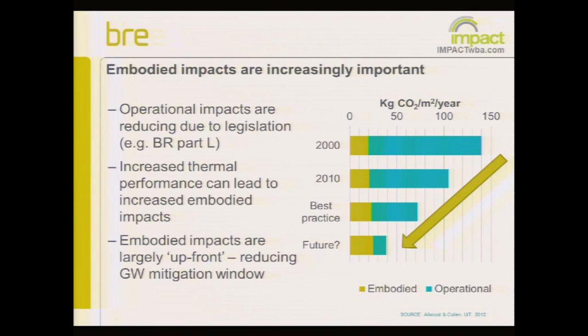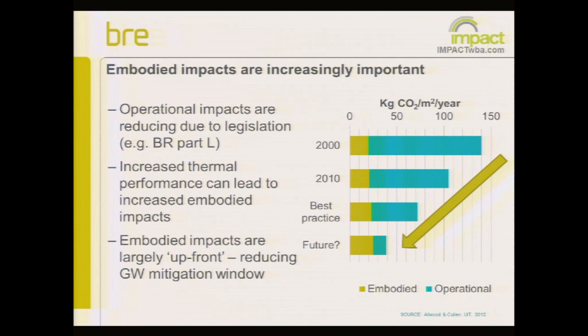And as Craig alluded to earlier on, it's only getting more important. The operational impacts are being gradually brought under control with successive legislation like Part L. And this has meant that a slight increase in embodied impacts has occurred because of the need for extra insulation and so on. And the other fact that should be thought about here is that embodied emissions are all largely up front, so as soon as the building's finished, all the emissions have occurred the year before or the year before that.